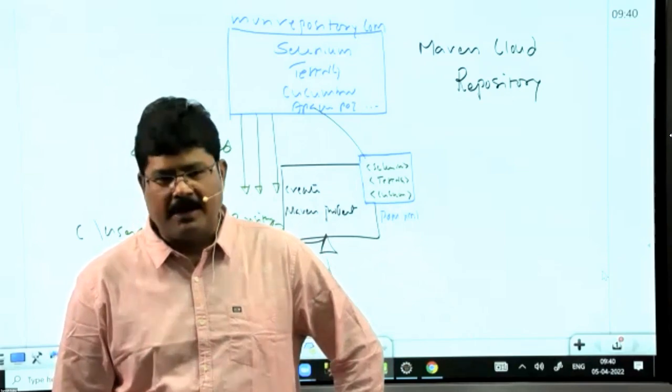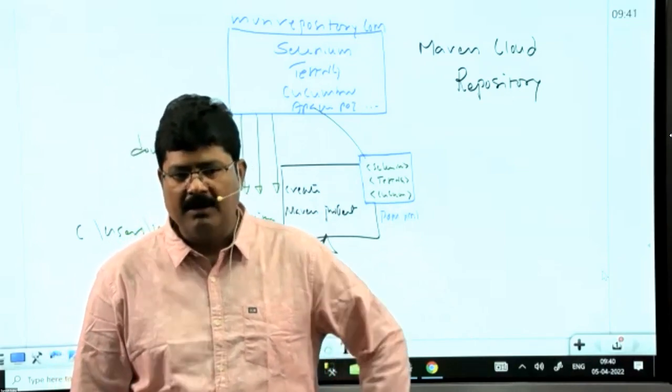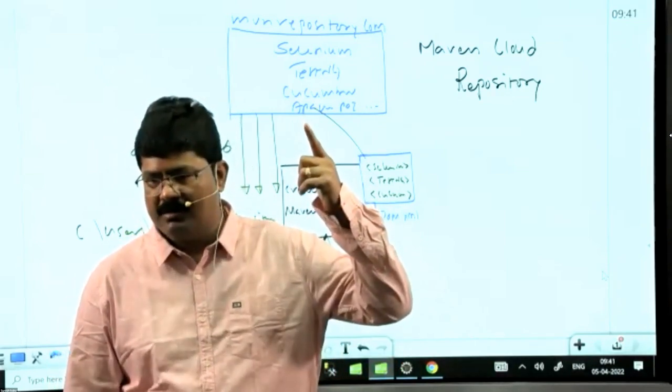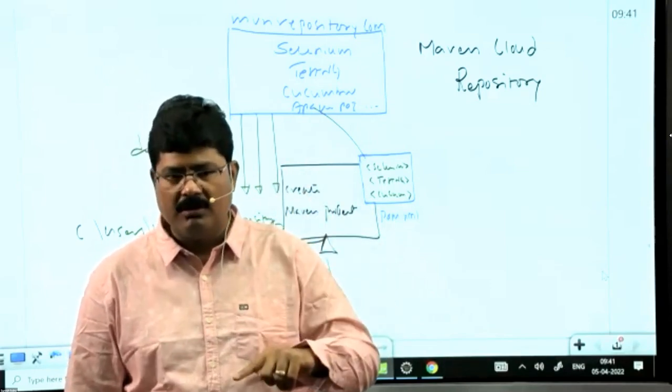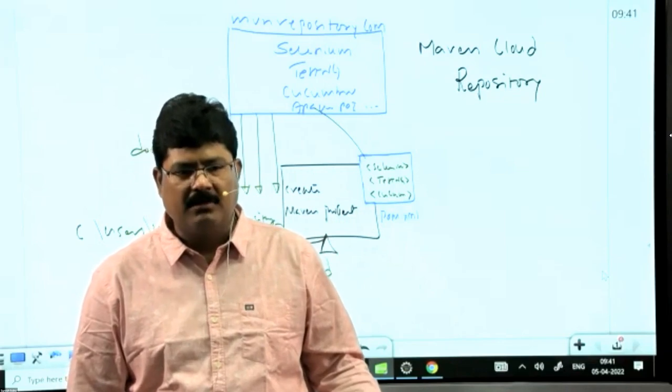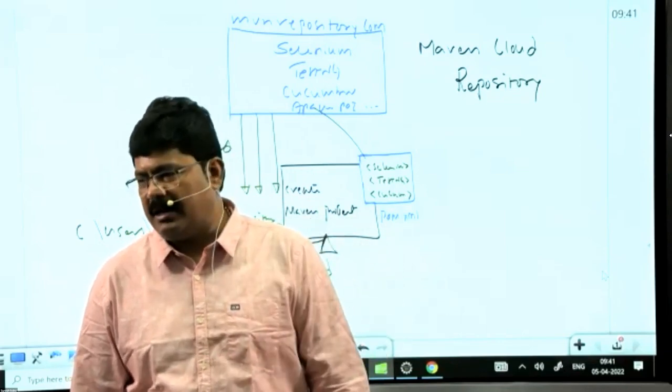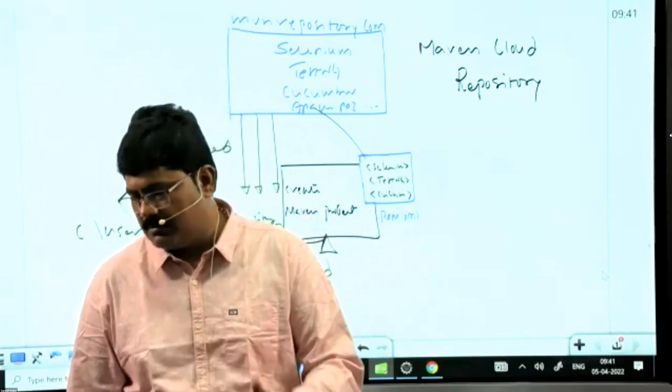So when you update a dependency in pom.xml, then what happens? Maven will download the dependency from the cloud repository, from the cloud into the local machine. Then automatically the dependency gets associated to your project. Continuation.